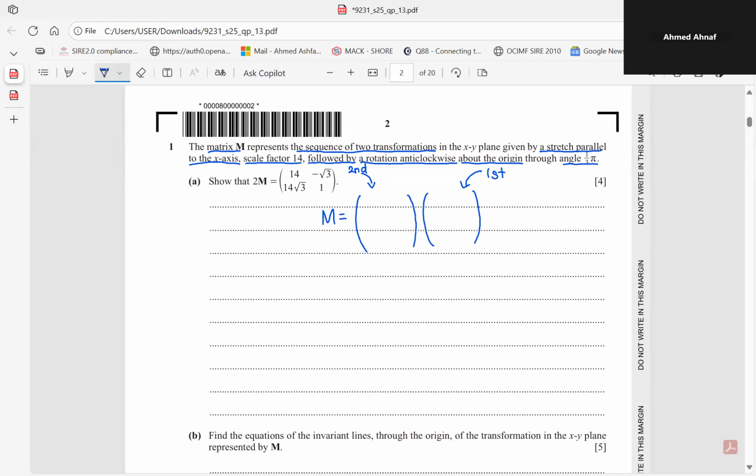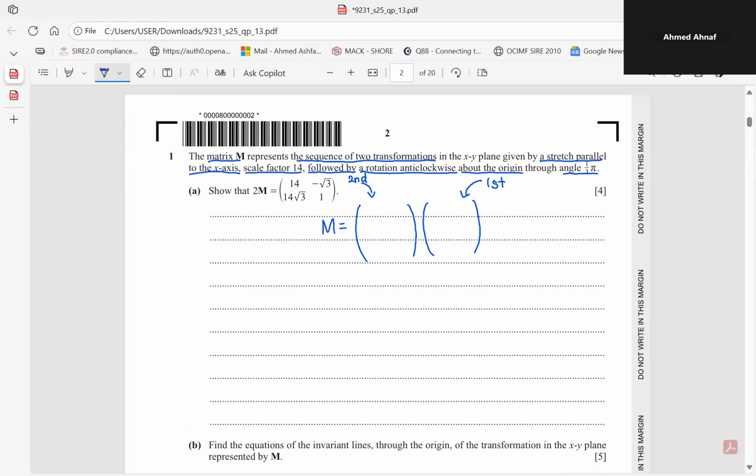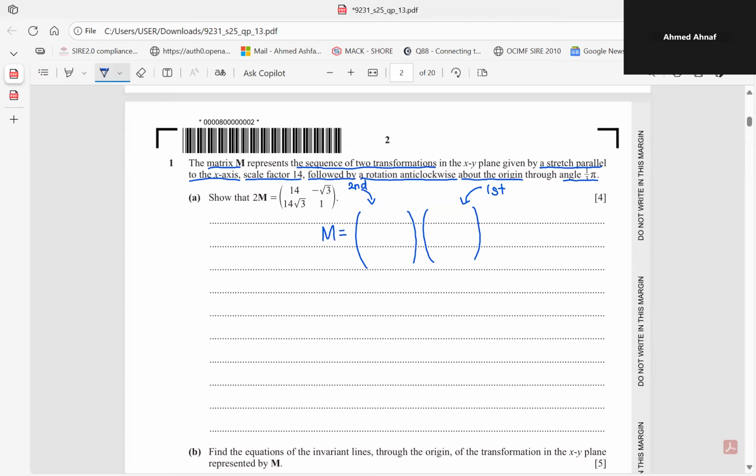Okay, so our first transformation is a stretch parallel to the x-axis with scale factor 14. So the general form would be x 0 0 1 for this transformation, where x is the scale factor. Hence the first matrix, or the right hand side matrix, would be 14 0 0 1.